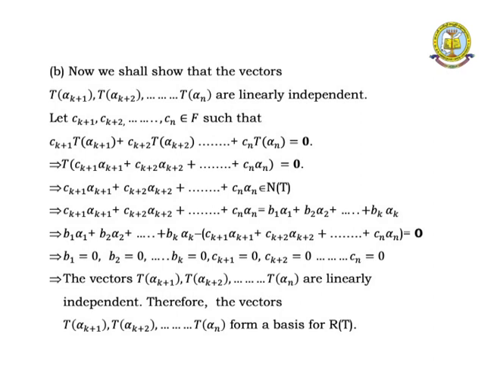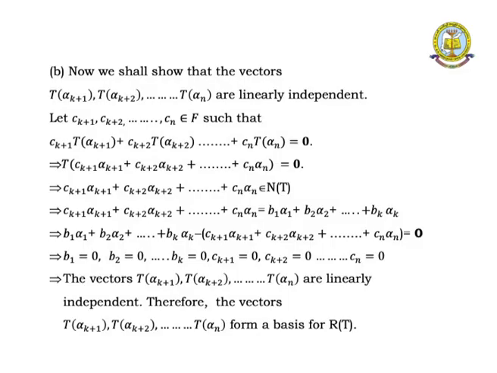Take T on both sides and apply the linearity property of T. That means you have T of alpha is nothing but a1 into T of alpha 1 plus a2 into T of alpha 2 plus and so on plus ak into T of alpha k plus ak plus 1 T of alpha k plus 1 and so on, an into T of alpha n.